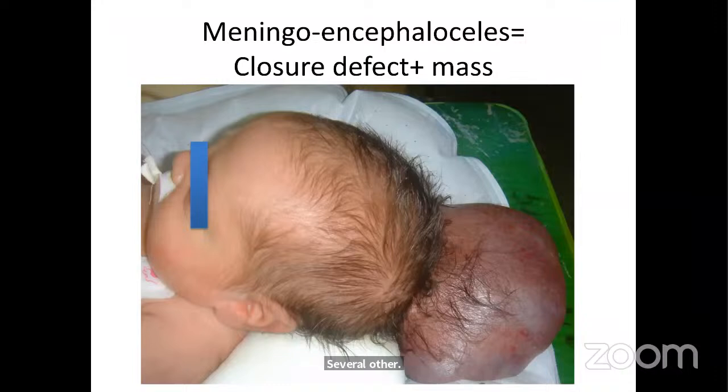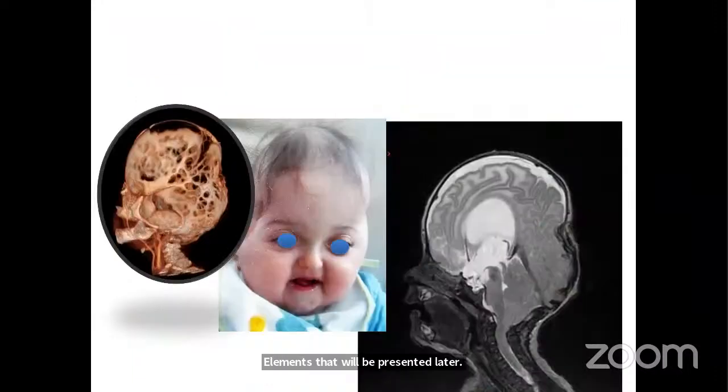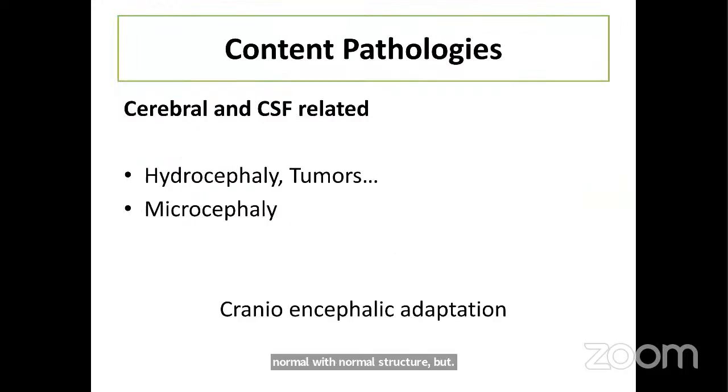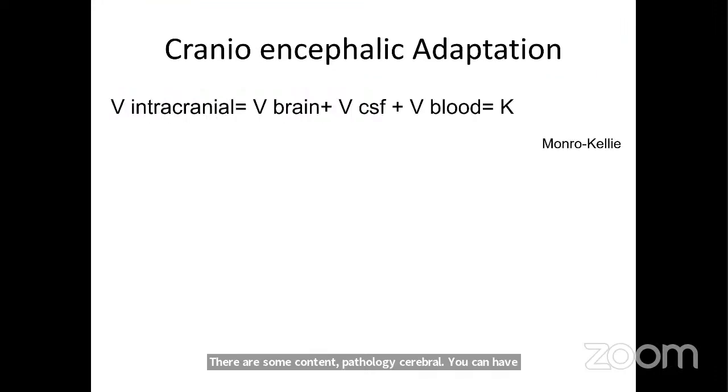We can also have the problem of the content, because again, as we said, the skull needs to adapt to the brain. So if the skull is normal with normal sutures, but there is some content pathology, cerebrum, CSF, you can have a change in the shape and size of the skull.